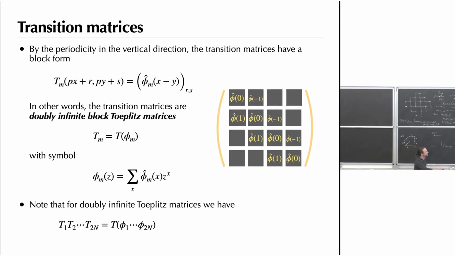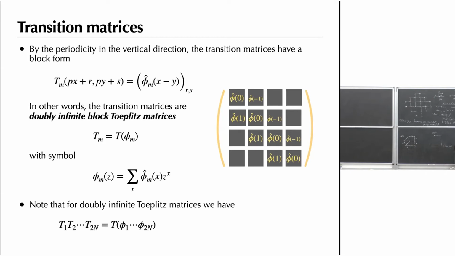If I know this block here, then I know everything on this block too, because this is just a translation by p plus p. So it's constant along these diagonals. So these transition matrices are doubly infinite block Toeplitz matrices.